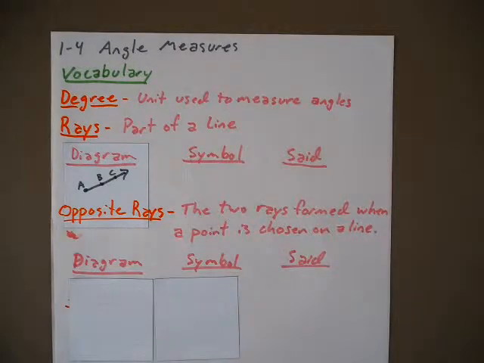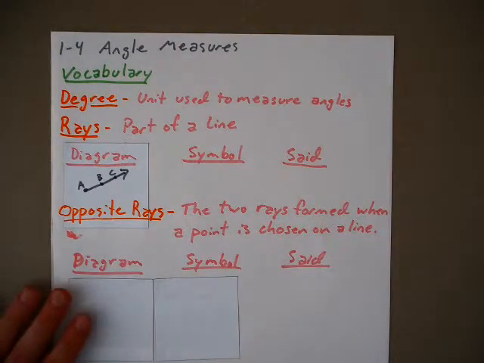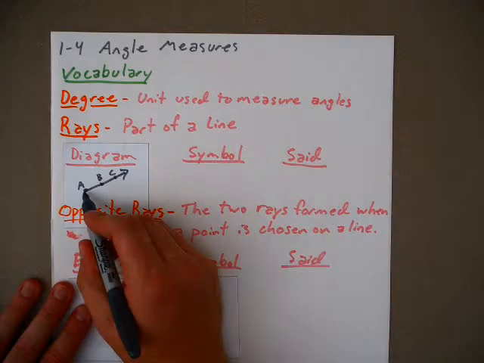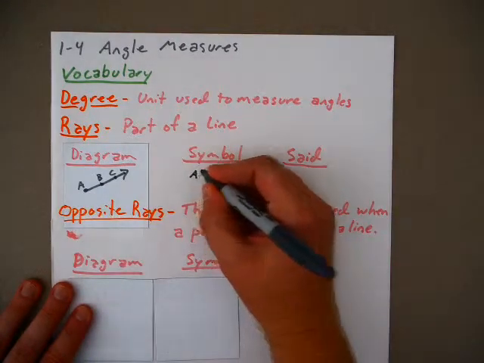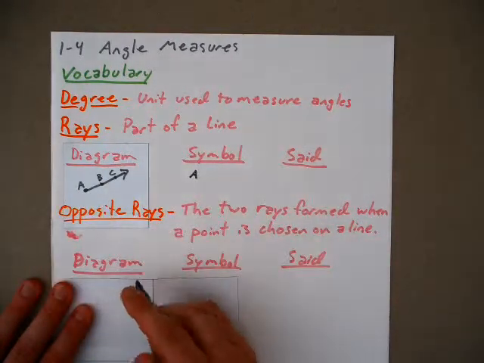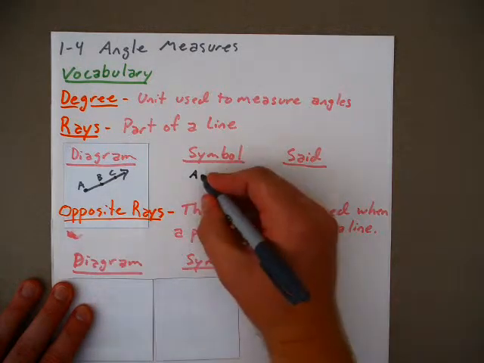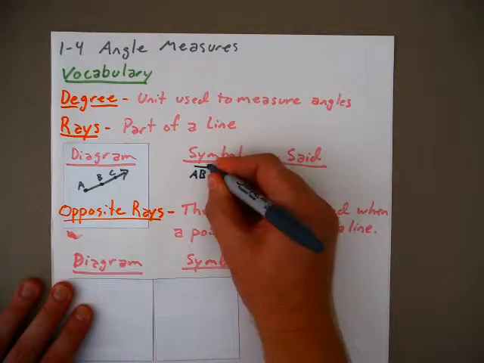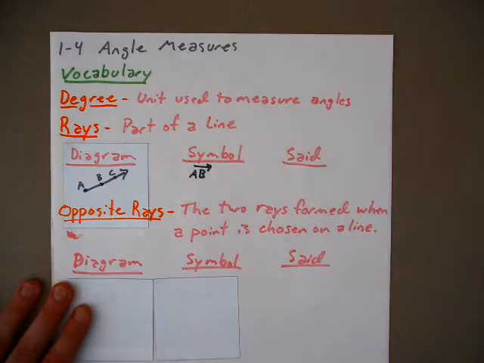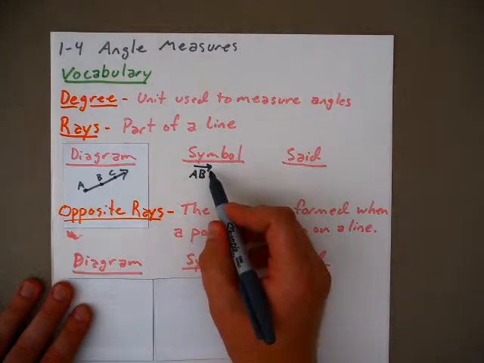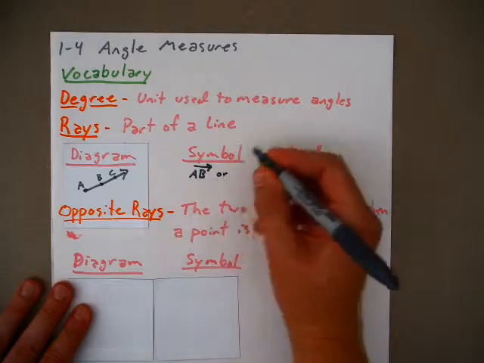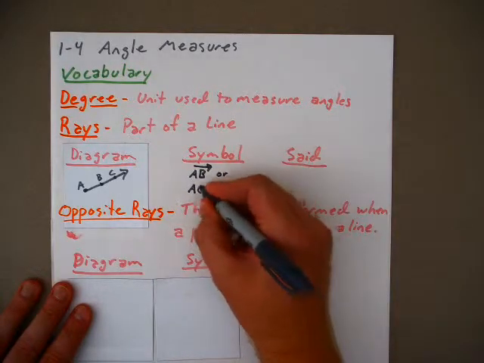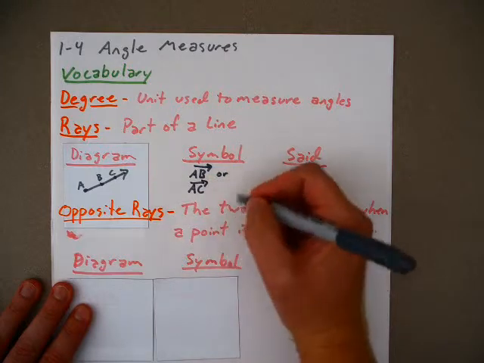Now the symbol for this is a couple things. You always start at the endpoint, so it's always going to be A, and you can pick any point that's on that ray. So I will pick point B, and then above this I'm going to make an arrow that only has one arrowhead. You could also call this ray AC.